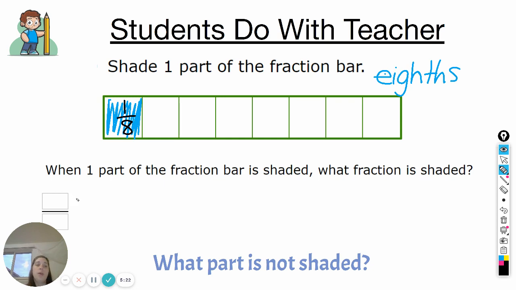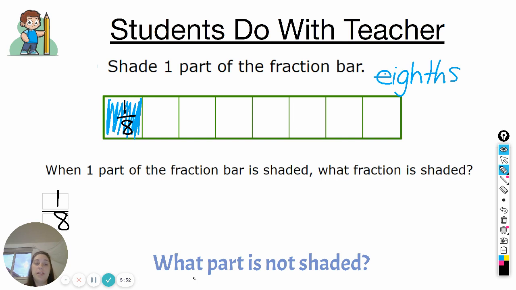Go ahead and write on your whiteboard what fraction is shaded right now. Okay, you should have written that 1/8 is shaded. 1 out of the 8 pieces is shaded.